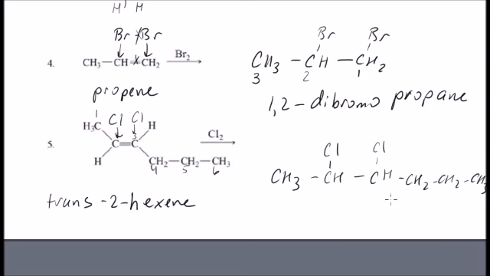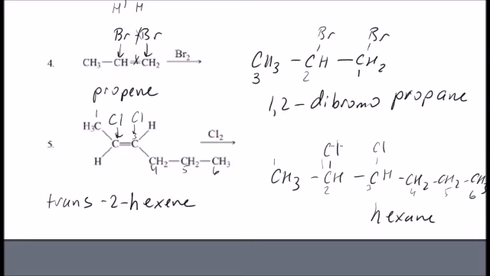And now we have the entire molecule, 1, 2, 3, 4, 5, 6. We didn't lose any carbon, should still be hex. This time it's hexane. And we counted from the left before to give the double bond the lowest number. And since the chlorine atoms added to those same lowest numbers, we're probably going to have the same numeric convention here. This is going to be 1, this is going to be 2, 3, 4, 5, 6.